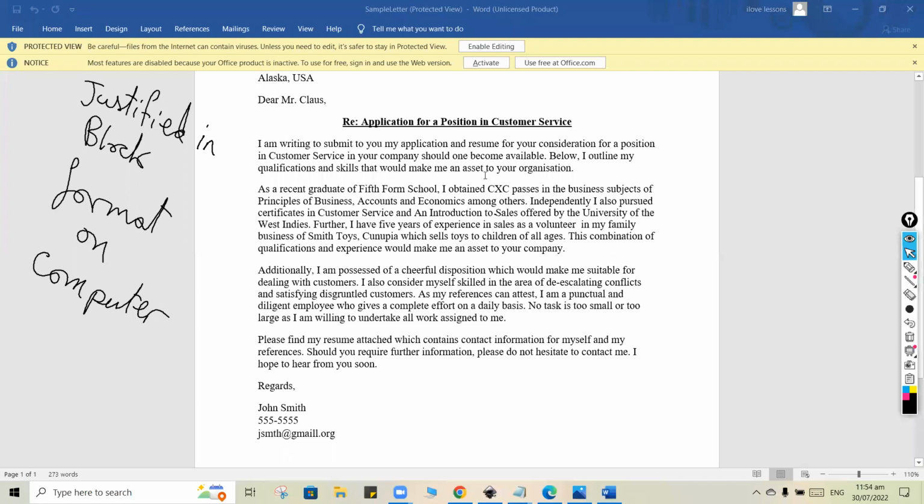So since my person is most recently a graduate, we put that first. I obtained CXC passes in the business subjects of principles of business, accounts, and economics, among others, right? So I don't want it to seem like I only got these 3 passes. And also, instead of putting POB and POA, I wrote out the words, because perhaps people don't know what POB and POA are.